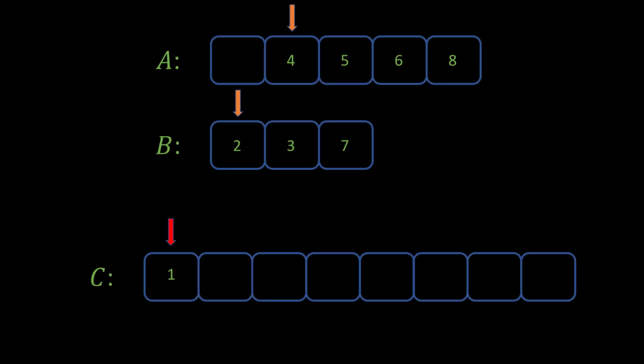Now, the second smallest element can either be the smallest of the numbers left in A or the smallest of the numbers left in B, because all other numbers in A and B are larger than these two numbers. In this case, the smaller number is 2, so we choose 2 as the second smallest number inside C. We can repeat this process until we have constructed the sorted array C from scratch.